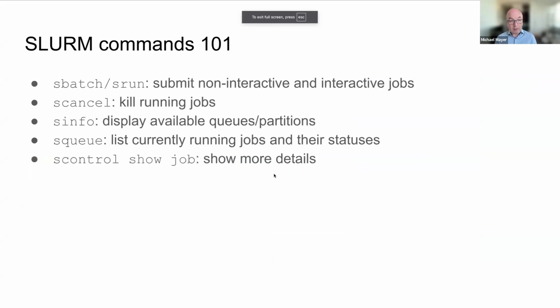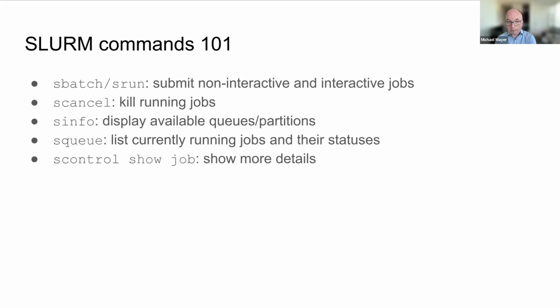So for Slurm, there are many commands that you would need to know to be able to interact with it on the command line. However, I just selected a couple of them that I think are extremely useful. Namely, there are the commands sbatch and srun that allow you to submit interactive and non-interactive jobs.